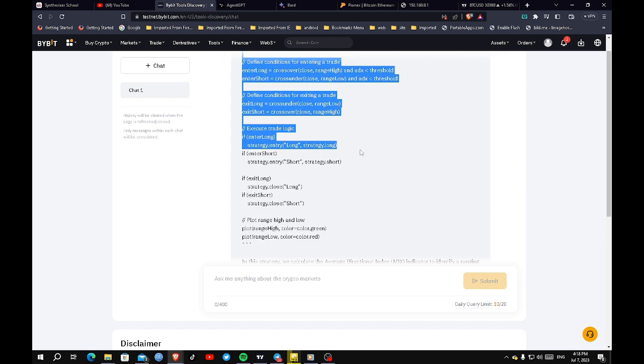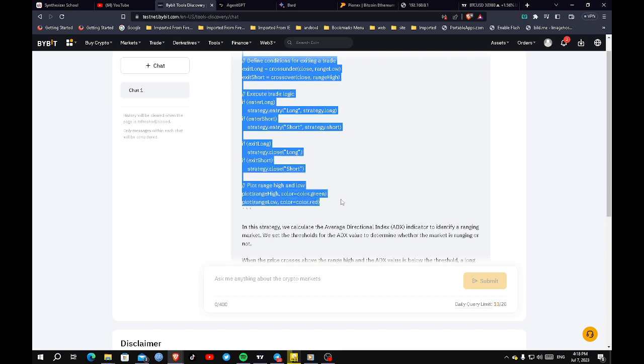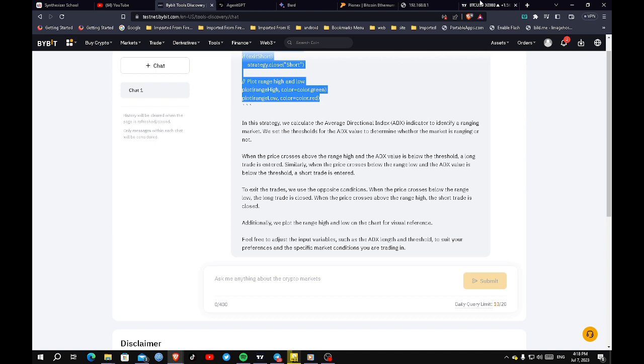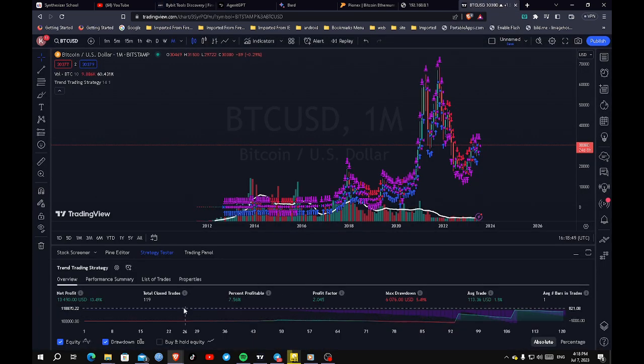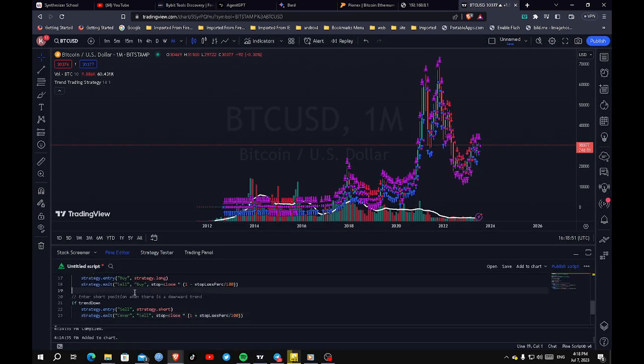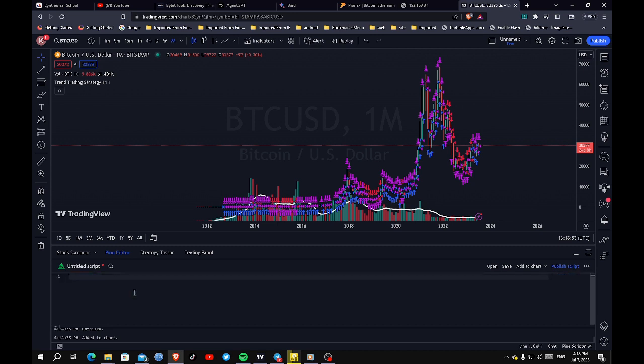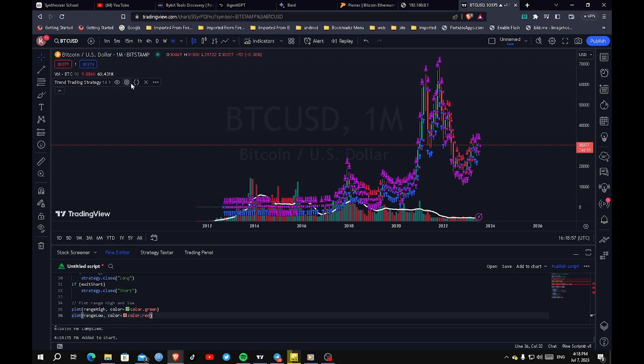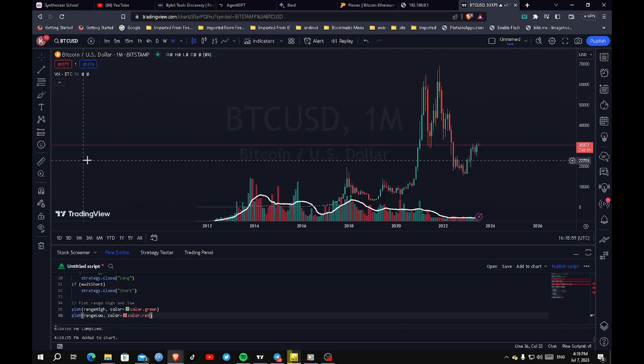Just use version 5 of Pine script. Okay, so you delete the code and put the new code and get rid of this one. Okay, add to chart.